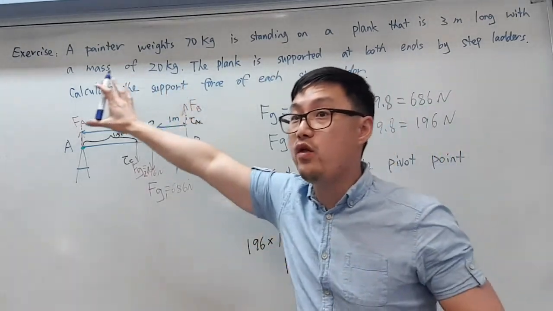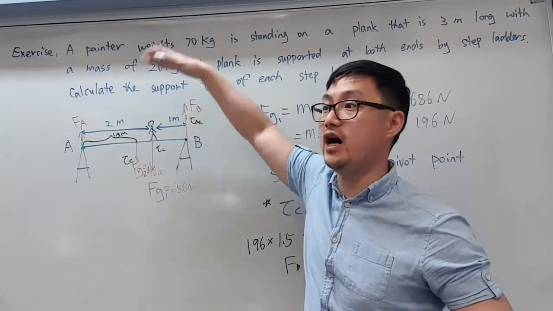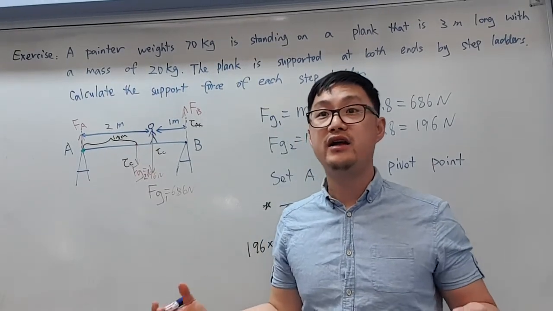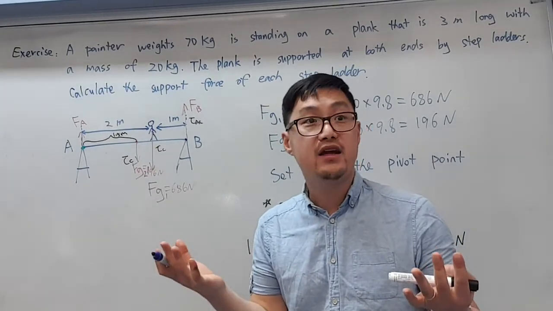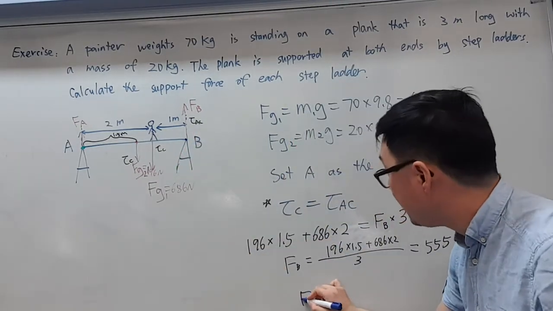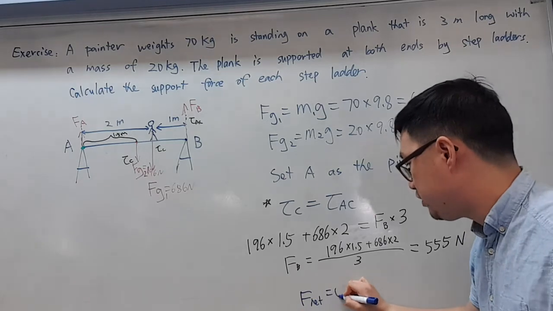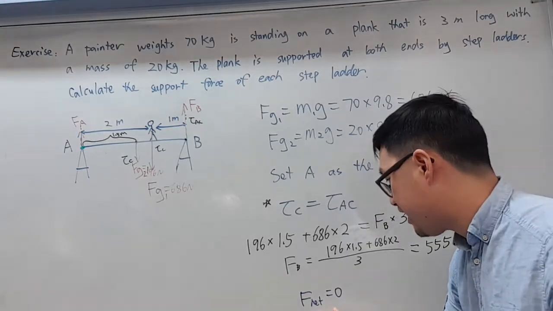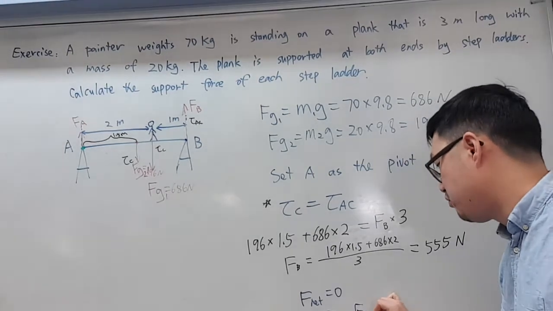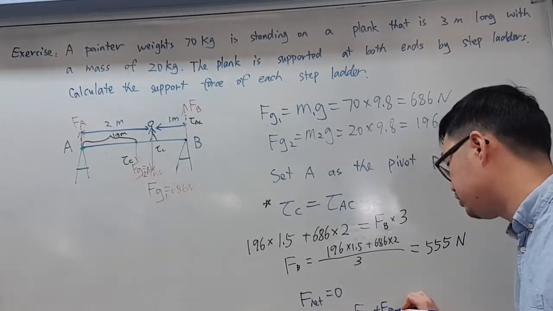Yeah, I can look at all the forces. Some forces are going up, some forces are going down, and these forces all need to cancel each other, right? Okay, so what I can do is force goes up. I'll say here, net force need to equal to 0. So that means FA plus FB will equal to FG1 plus FG2.